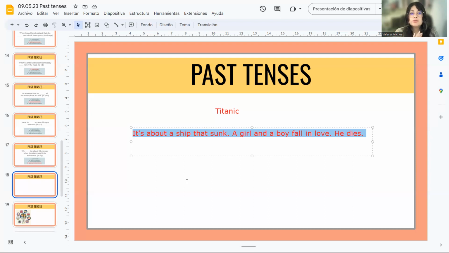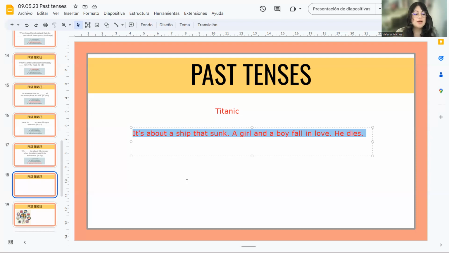That's a story. When I say story, I don't mean literature. So don't say, "Ah, I will never write a book, so I don't need to use past tenses." It doesn't work like that. Whatever happens to you and you tell it to another person, that's a story. That's an anecdote. And whenever you are telling stories and anecdotes, you need to use past tenses.